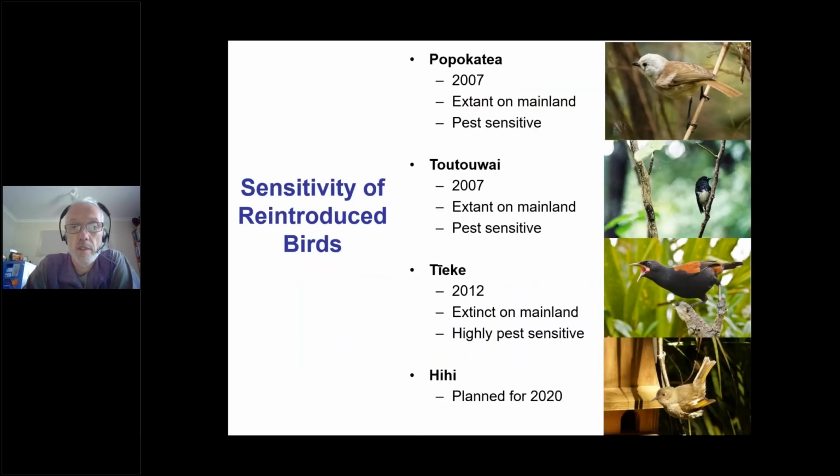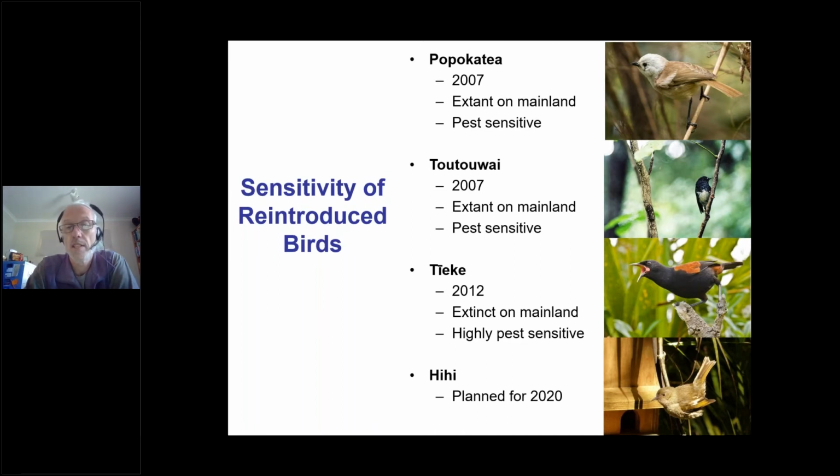And here I'm just going to talk about the passerines, partly just because I've got the best data. So 3 species to talk about: Popokatea and Toutouwai, which were both reintroduced in 2007. Those are 2 species that are extant on the mainland in areas outside predator fences, but they are both quite pest sensitive.